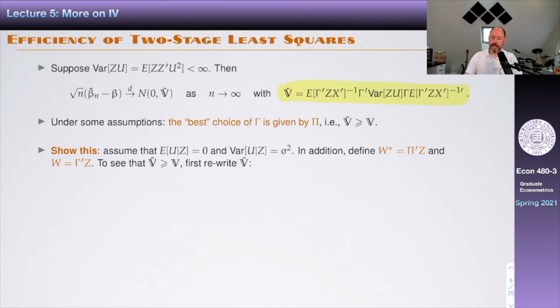And we're going to show that. In order to show that, we're going to impose these two additional assumptions: the expected value of u conditional on z is 0, and the variance of u conditional on z is sigma squared. So, in other words, we are introducing homoskedasticity.